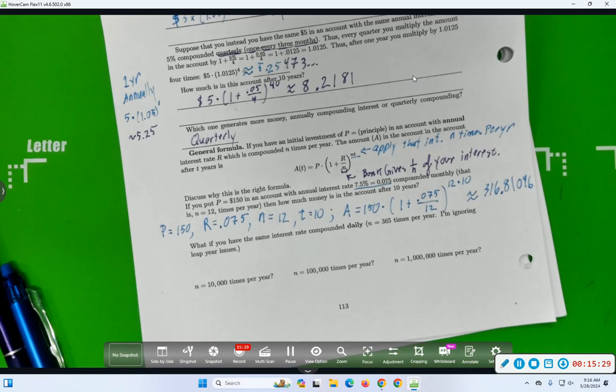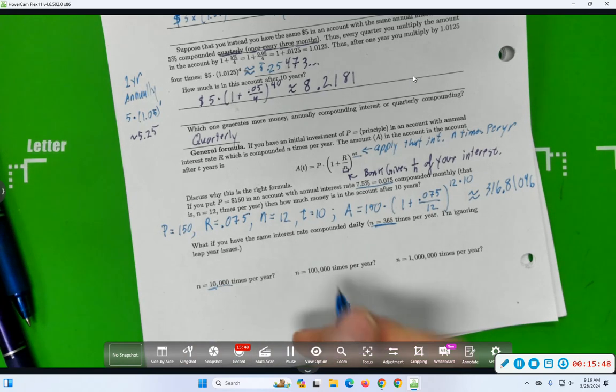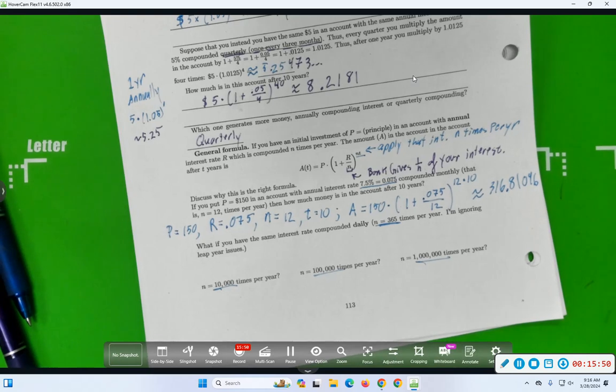Cool. People feel good? So here's what I'm going to have you take a moment and do. Let's do the same thing, but let's compound it daily, ignoring leap year issues. So with n equals 365, otherwise all the numbers are the same. Then n equals 10,000, 100,000, and 1 million times per year. You're going to use a calculator.